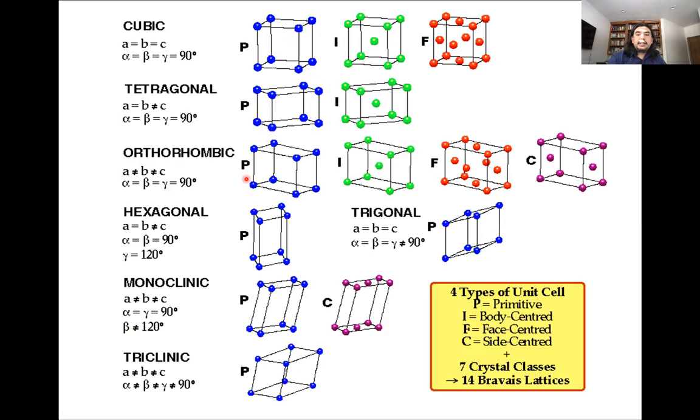If A, B, and C are not identical, but the angle between them is 90 degrees, you have orthorhombic. I don't know if you remember, somebody asked about orthorhombic back in one of the colloquiums. Here is that particular Bravais lattice, and so forth.